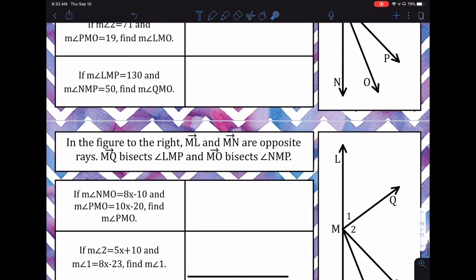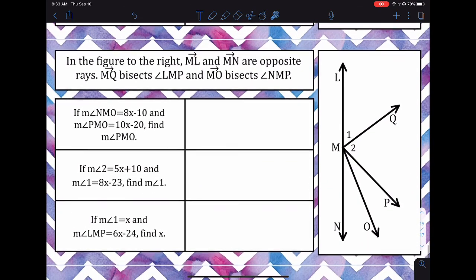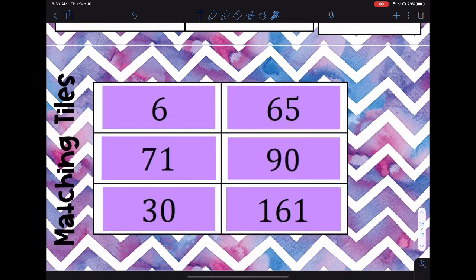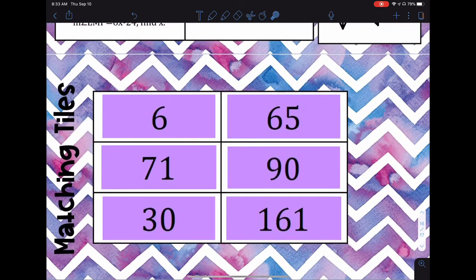Now I'm going to go to the next slide, and then one more for the answers. If you don't get one of these numbers, you did something wrong.